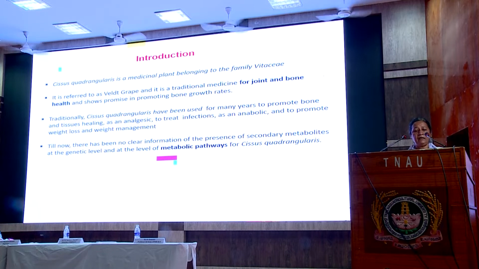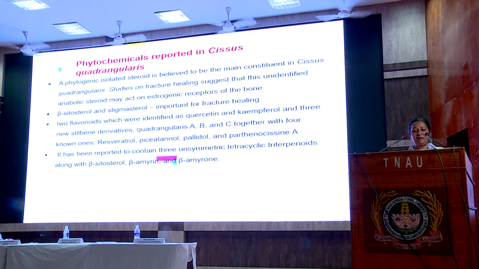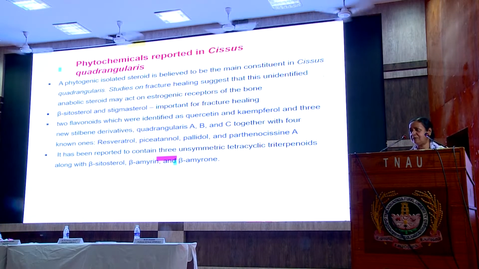And not only that, it is known to also be an analgesic, treat infections, be anabolic, promote weight loss, and so on. So what are all the secondary metabolites that confer these properties? That is our question. So the anabolic steroid, the one that is involved in fracture healing, people are still working to understand exactly and pin down the small molecule, but these are known to act on estrogenic receptors.